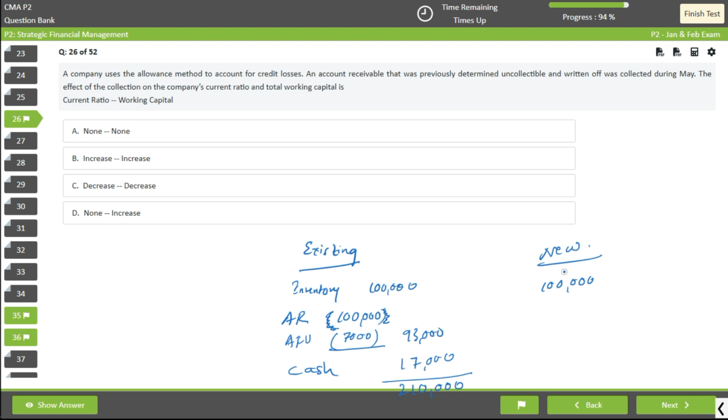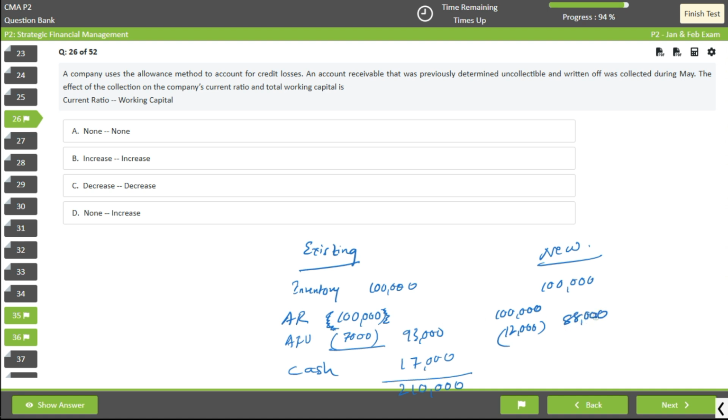Now here what happens, your inventory is 100,000, your accounts receivable is 100,000, but your allowance for credit loss is increased by 12,000. So this is going to decrease your AR to 88,000.